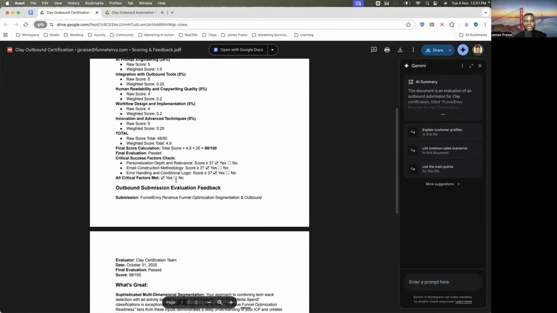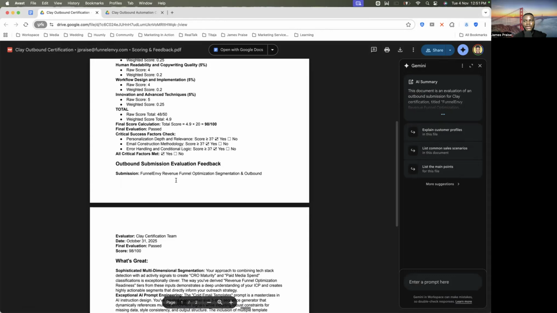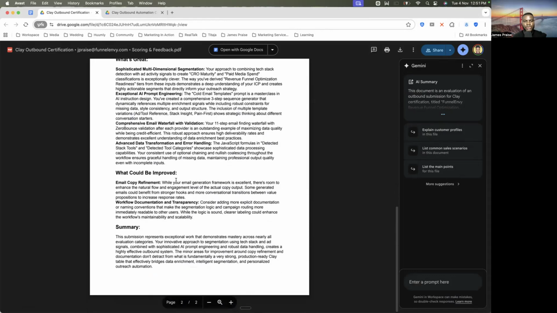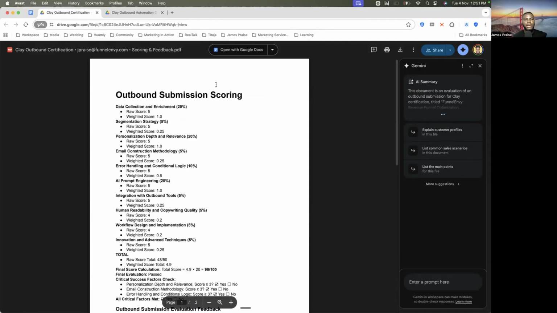I think the only thing I didn't do was add additional labels to my table, because that could have been improved. As for copy refinement and documentation transparency, these are not even directly related to how well my table was built. So I've gotten certified by Clay.